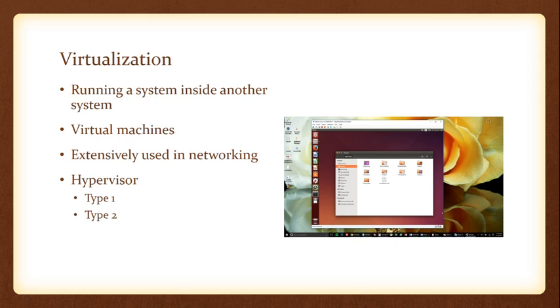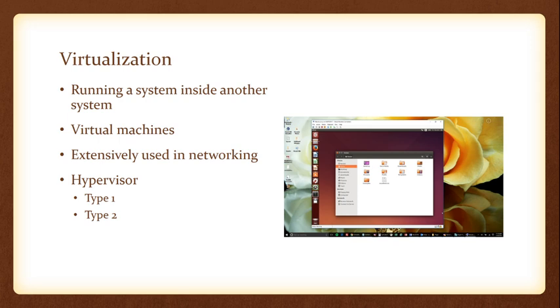You can run one of these other operating systems inside of your current system using virtualization software. It is a virtual machine, and a lot of times it's extensively used in networking. It does run on an OS, which might be different from the PC's OS, and it can save companies money on hardware purchases, repair, and maintenance.